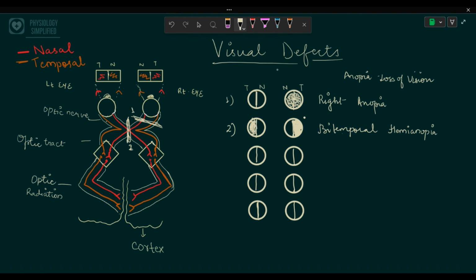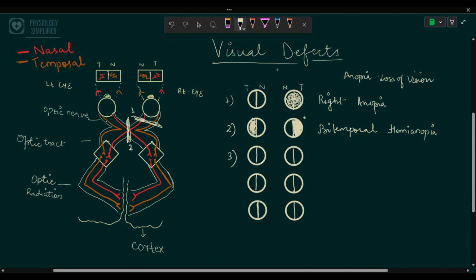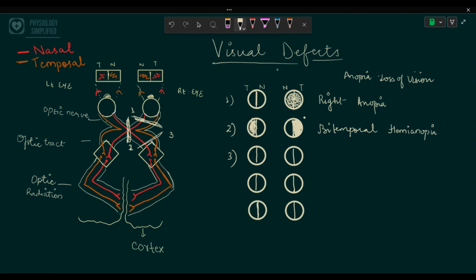Now moving to the third case where the optic tract of the right eye is damaged. As you can see, the nasal fibers of the left eye are damaged. So the temporal field of the left eye will be gone, and the temporal fibers of the right eye are gone, so the nasal field will be damaged. Now let's fill the circles to understand it better.